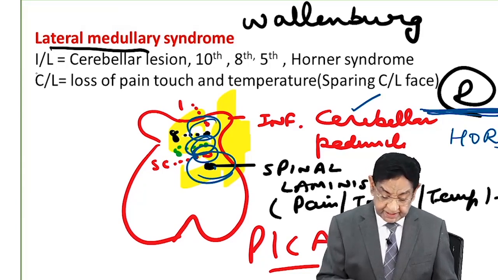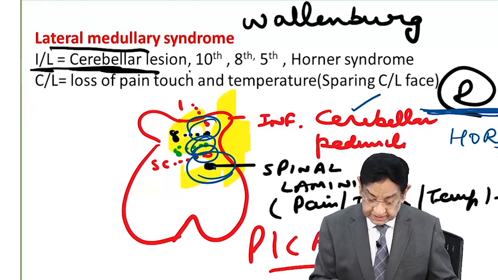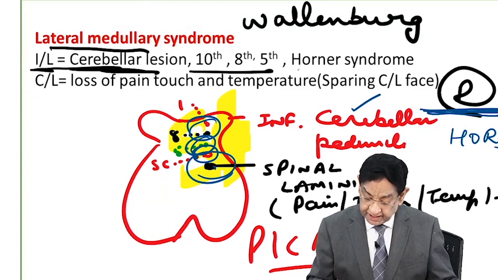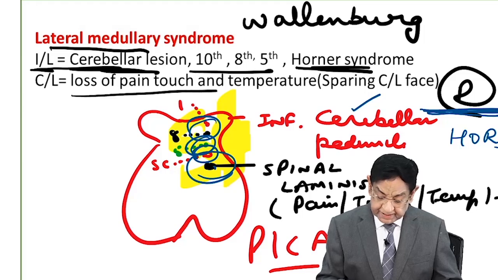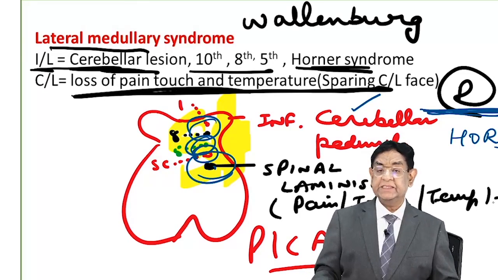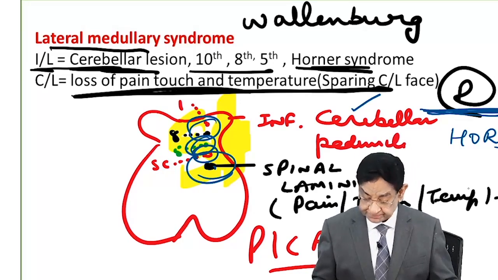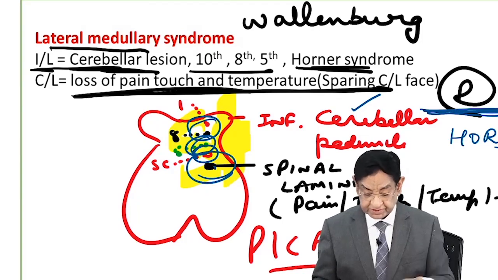We have an ipsilateral cerebellar lesion, the reason I told you, plus 10th, 8th, 5th nerve involvement and Horner syndrome. Contralateral loss of pain, touch and temperature, because the contralateral fibers are there. Understood? This is lateral medullary syndrome.